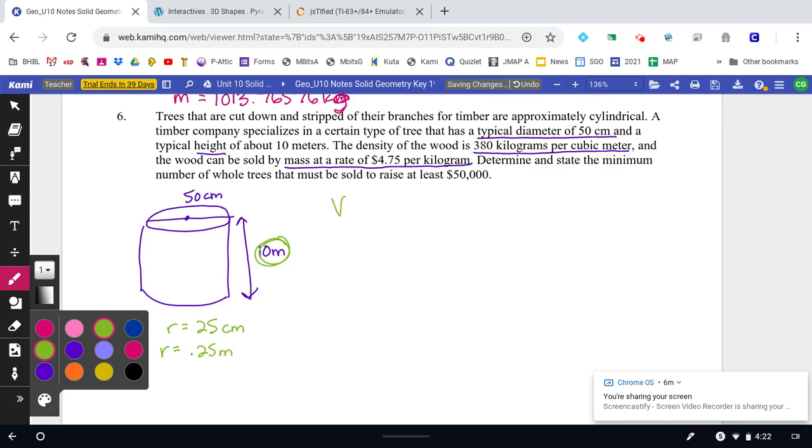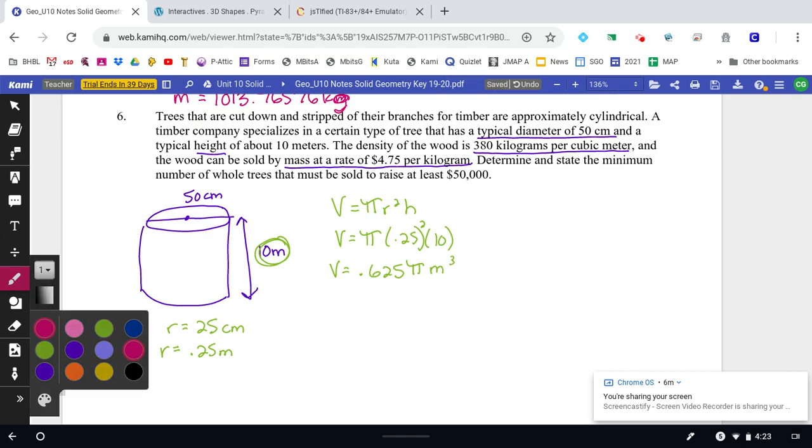Finding the volume of each piece of wood: pi r squared h. So pi, my radius being 0.25, my height being 10. That's going to give me 0.625 pi meters cubed.